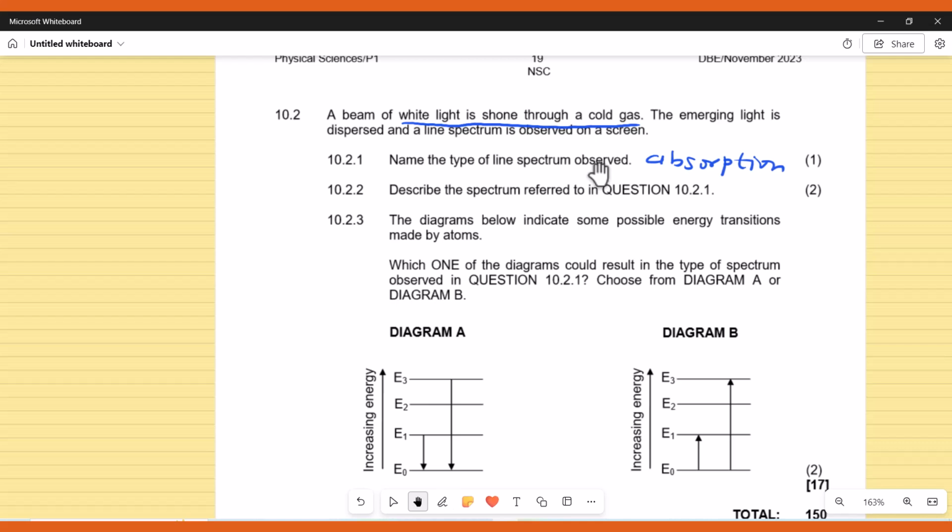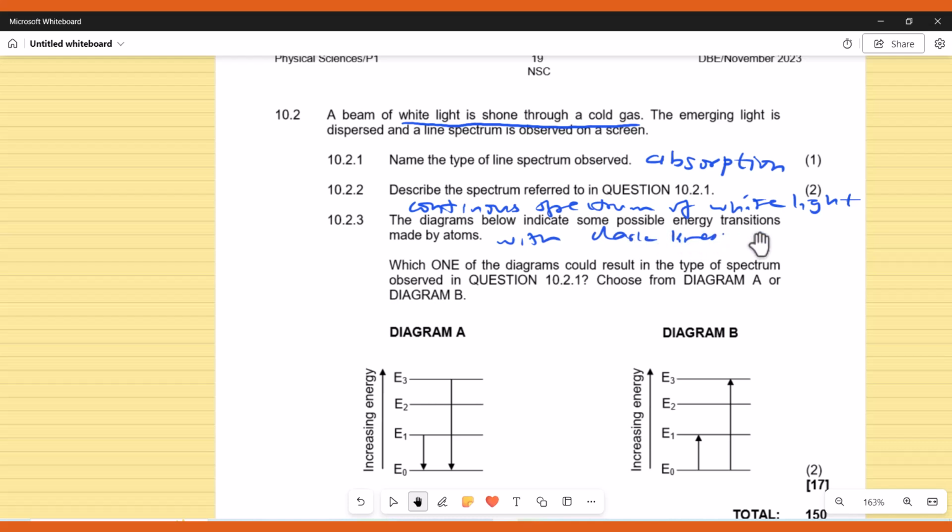So if they say describe the spectrum, we're going to say it is a continuous spectrum of white light, but with darker lines, because that's what was observed. With dark lines.